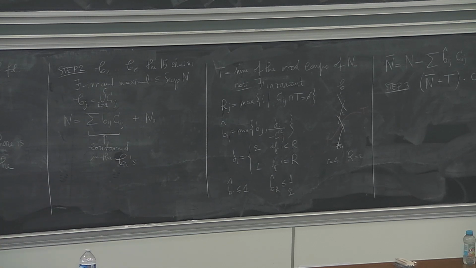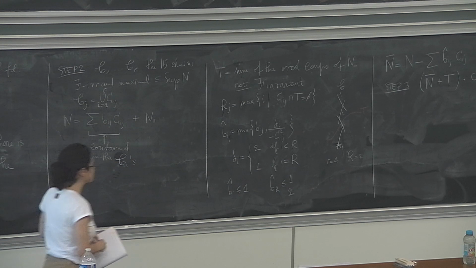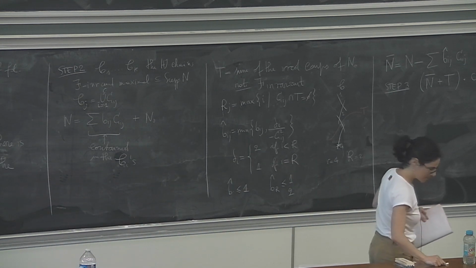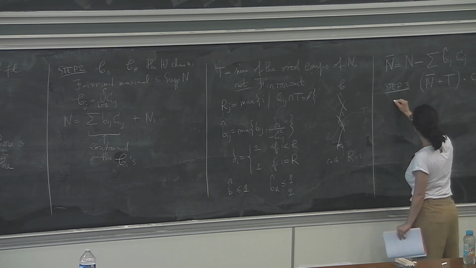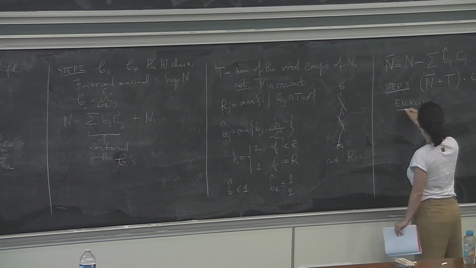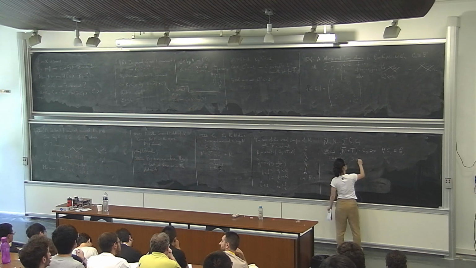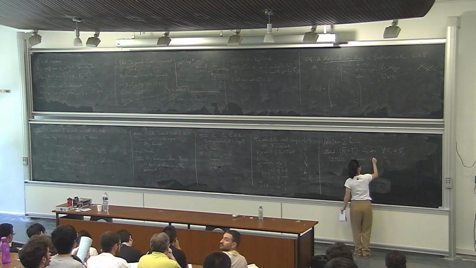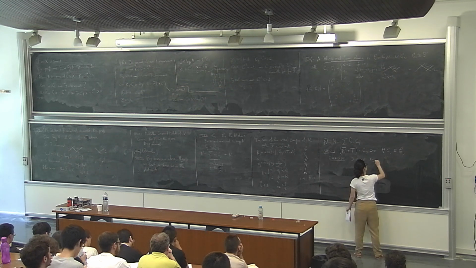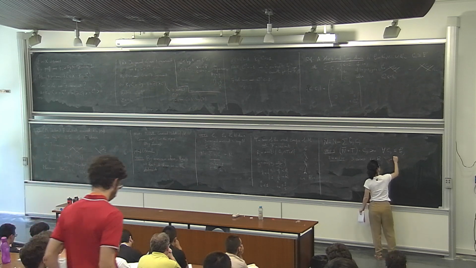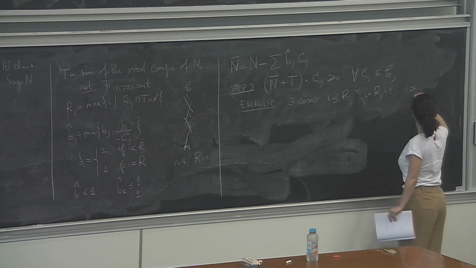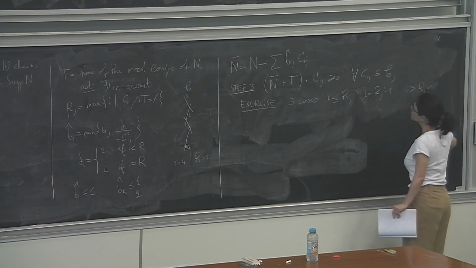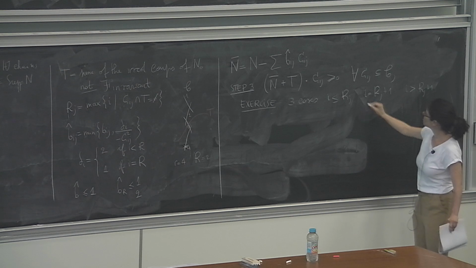I will partly leave it as an exercise. There are basically 3 cases: i smaller than or equal to R_j, i equal to R_j plus 1, and i bigger than R_j plus 1. I will do this one.